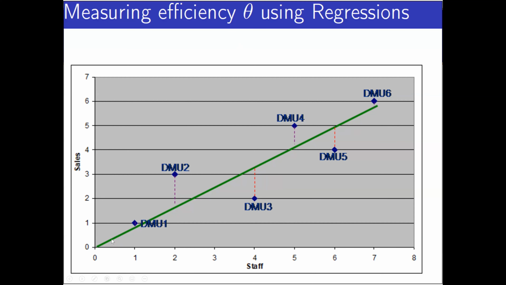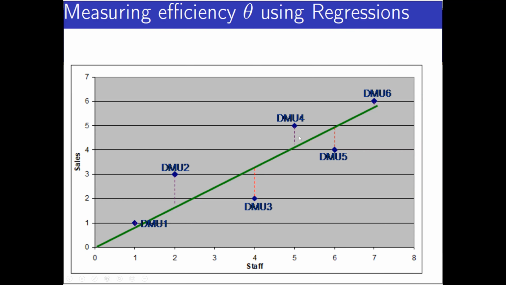The regression will find the mean, the line of best fit, and then find out how far each one is from the line of best fit. In this case, the green line. DMU1 is closer to the line, DMU2 is far away. Those firms that are above the line, the error is said to be positive. Those that are below the line, the error term, the residual, is said to be negative.